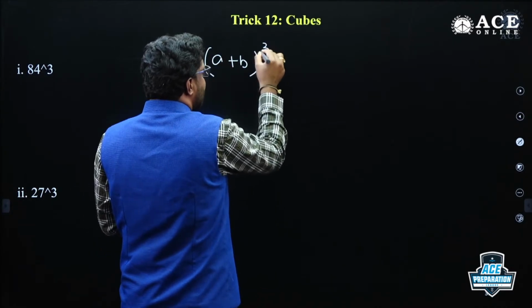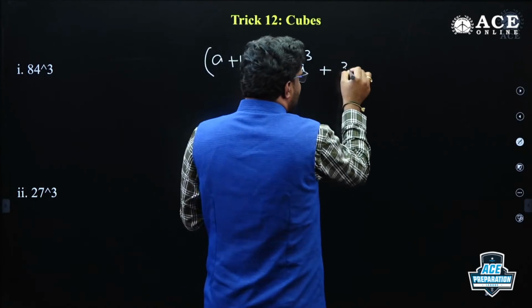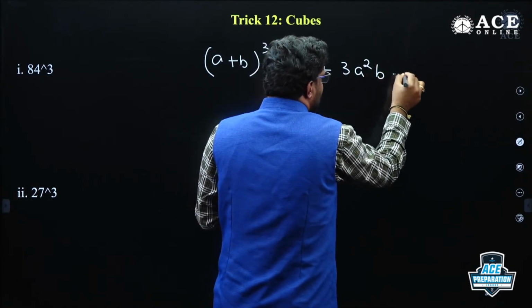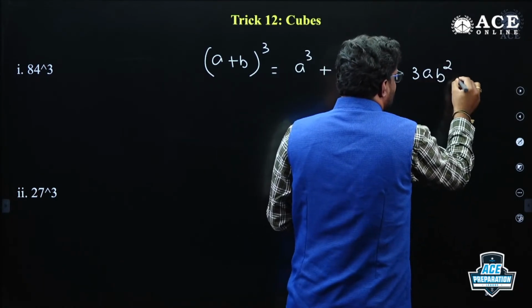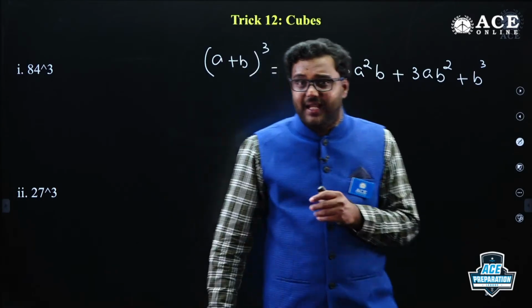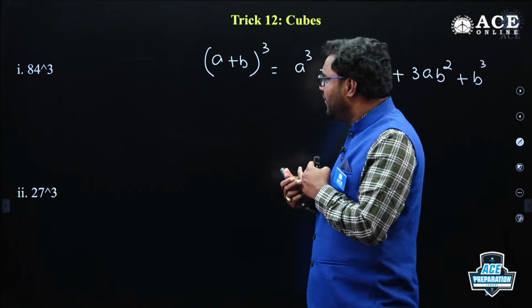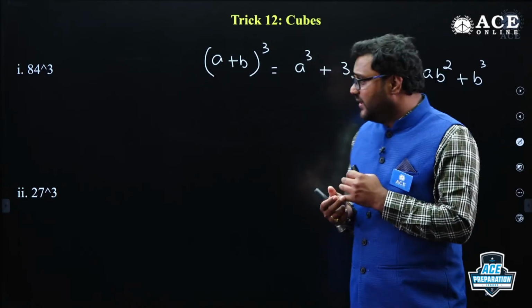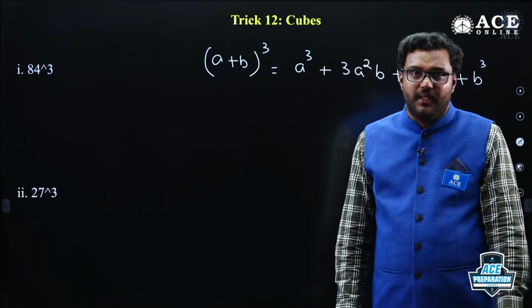First we are doing a plus b whole cube, which is a cube plus 3a square b plus 3ab square plus b cube, right? You can use this to calculate cubes for two-digit numbers, my dear friends. If you want to do the cube of a two-digit number, you can use the a plus b whole cube formula.